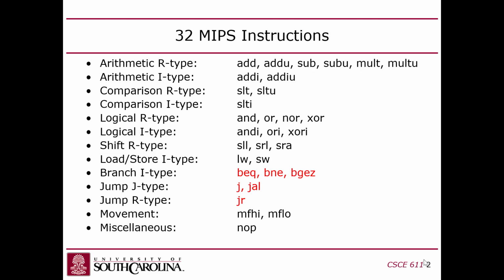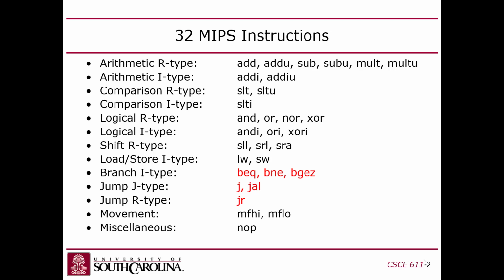Branch if greater than or equal to 0. I used to do this back in the old days. Branch if greater than or equal to 0 takes just 1 register. You guys remember this? If you do branch if equals, it takes 2 registers, so you're comparing 2 registers.